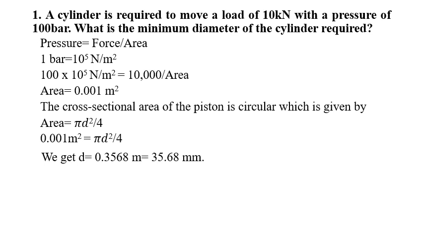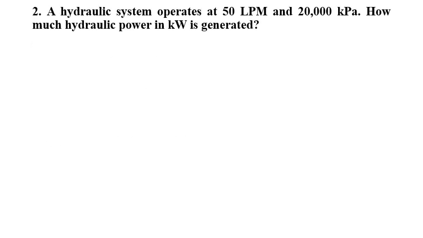We'll go for the second numerical. A hydraulic system operates at 50 lpm, liter per minute, and 20,000 kilopascal. How much hydraulic power in kilowatt is generated?